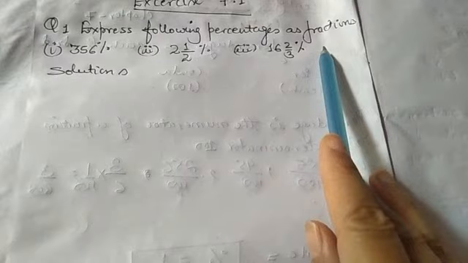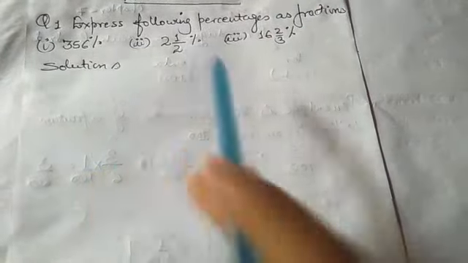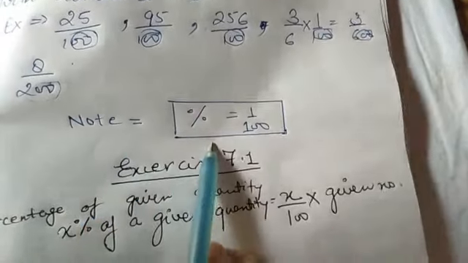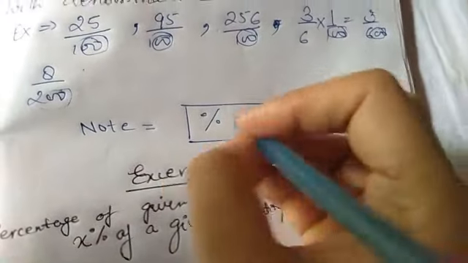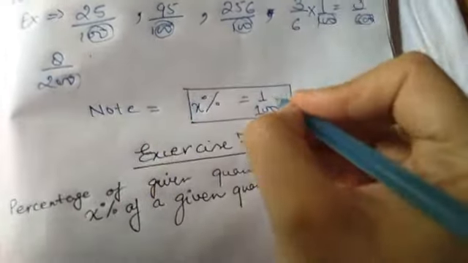Start with exercise 7.1. Express the following percentages as fractions. What am I supposed to do here? I made you write a note: percentage sign is equal to 1 upon 100, or we can say x percent is equal to 1 upon 100 into x.